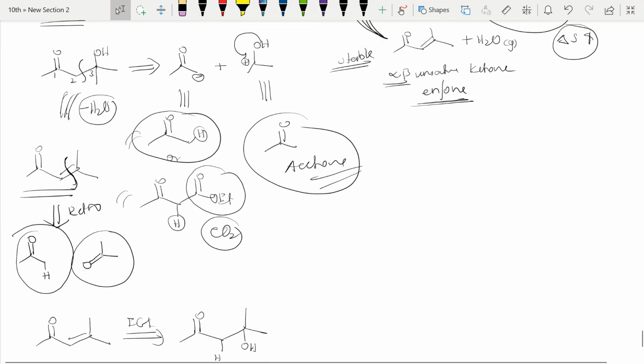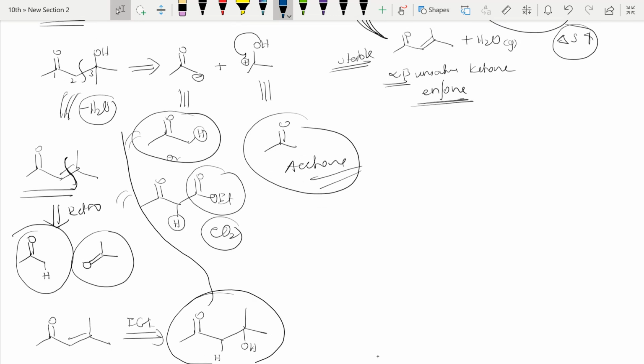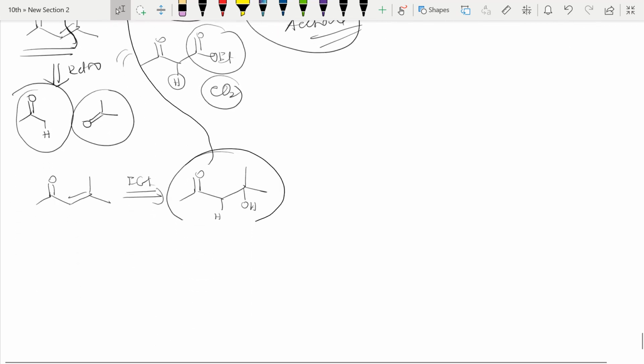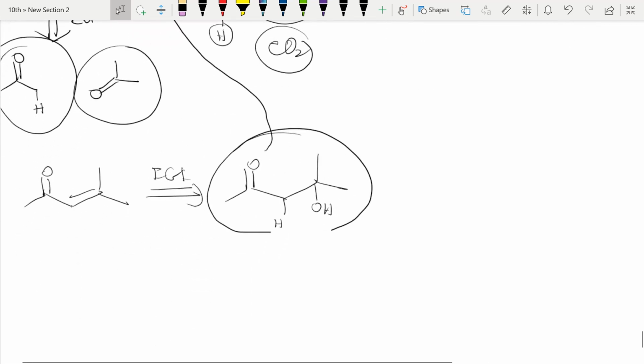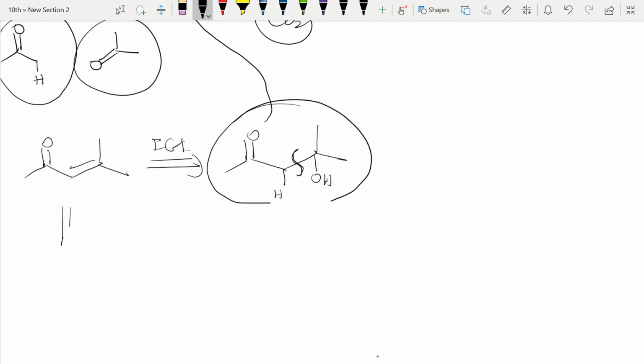Now I can show this is the same as this one. Further you can do retrosynthesis, right? Like that also some people will tell, right? So it is also true, you can convert like this. Then you will split here, but the shortcut method is directly splitting here. See here, just disconnect here, directly at the double bond, and you remember these things.